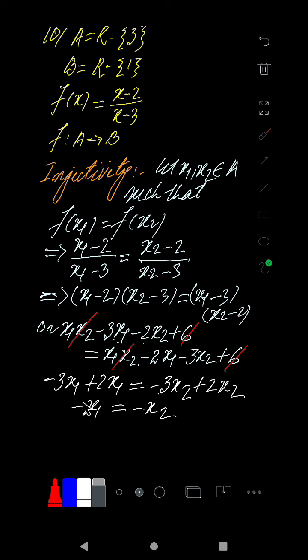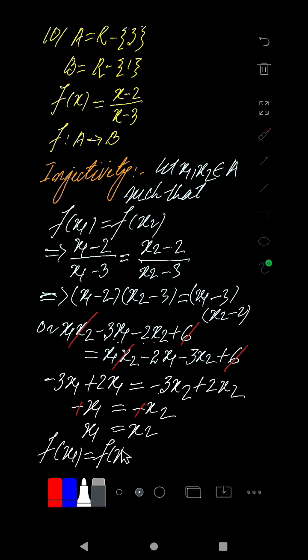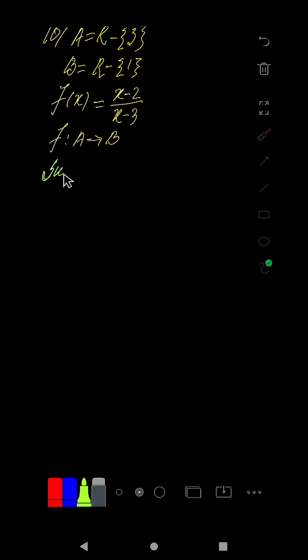Minus is cancelled by a minus. We have x1 is equal to x2. So we may conclude that f(x1) is equal to f(x2) implies that x1 is equal to x2. So f(x) is an injective function.